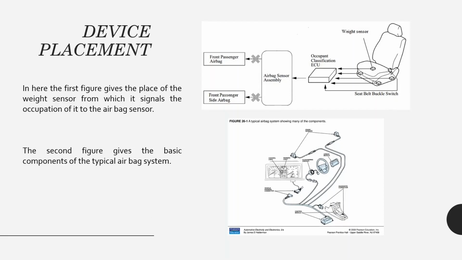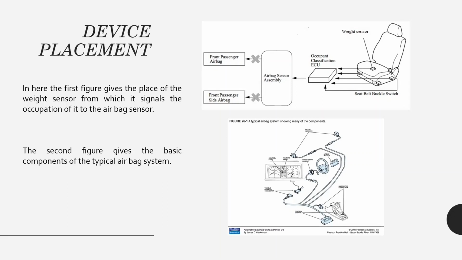Here, the weight sensor on the car seat signals the ECU, electronic control unit, about the occupant's weight, and then the ECU sends the data to the airbag control unit, which turns the airbag on or off. If an ECU is not present, it will send the data straight to the airbag control module.